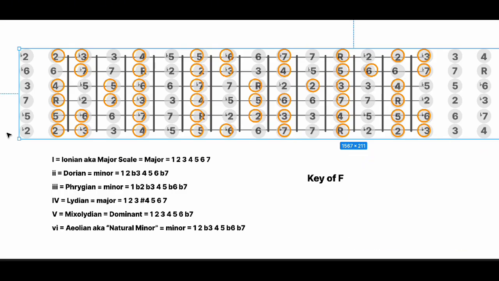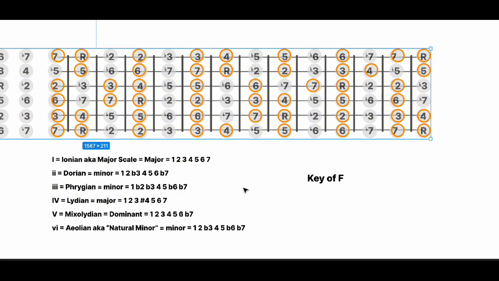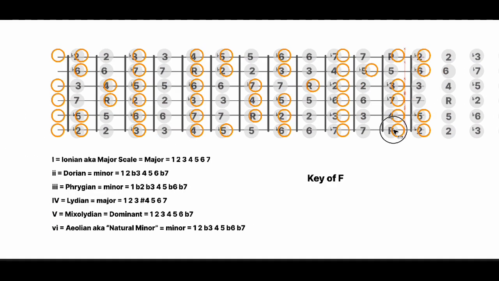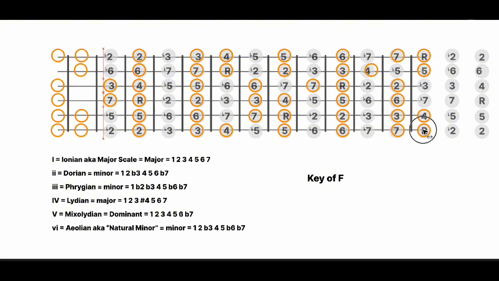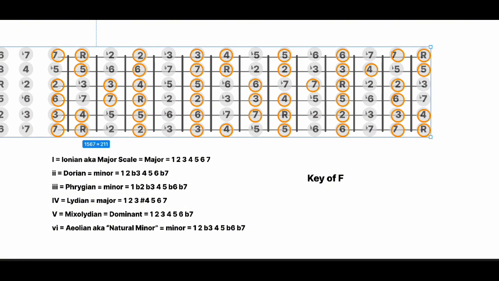And then since I'm running out of room here, I'm going to run this back to what we had here. And hopefully you understand that this would have been the same as moving up to the 7 here. It's the same thing if I had done this. And that gives us our last mode, starting on the 7th degree of the scale.